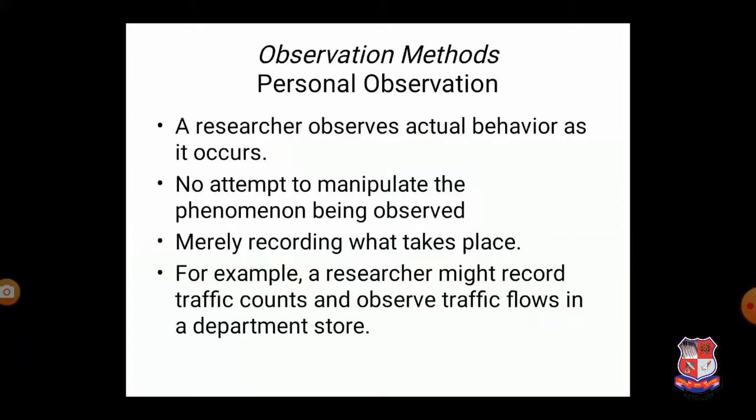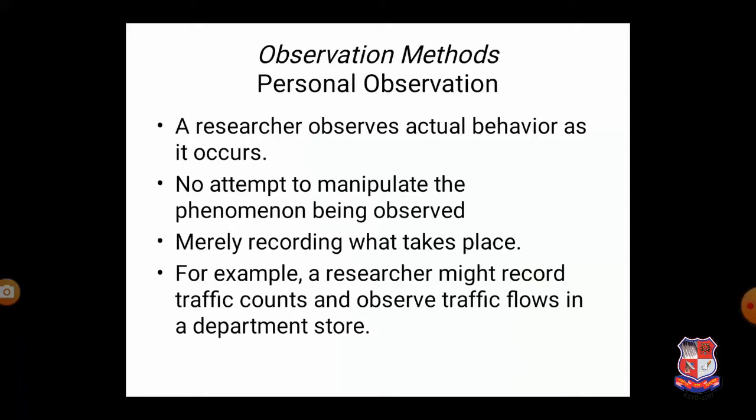First, if we talk about the personal observation method, personal observation is when the researcher observes actual behavior as it occurs. So the researcher is personally present at a place and observing the actual behavior as it occurs. For example, if a researcher wants to understand customer behavior at a retail store and is personally present there observing the customer behavior, then it is a part of personal observation.